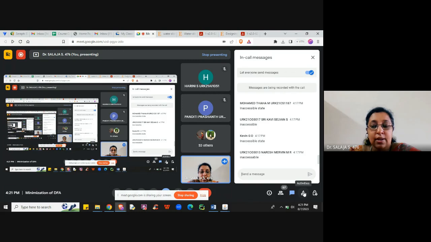Why should I reduce the number of DFA states? Any guess from your end? Put it onto the chat box, please. Why should we reduce the number of DFA states?